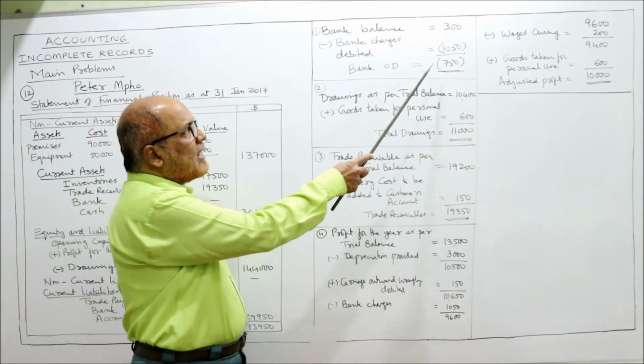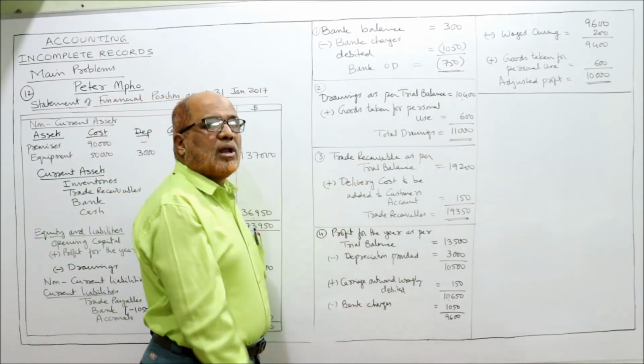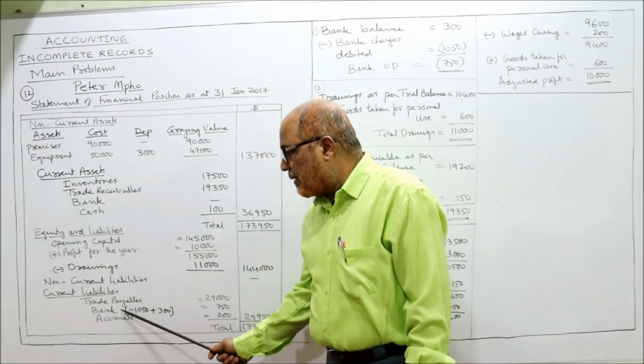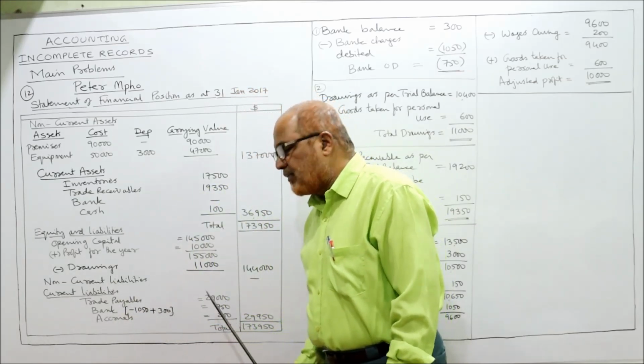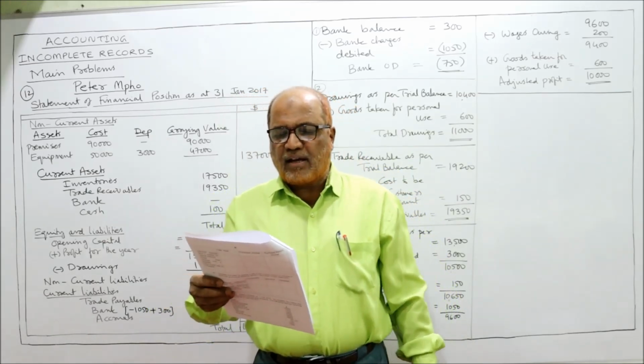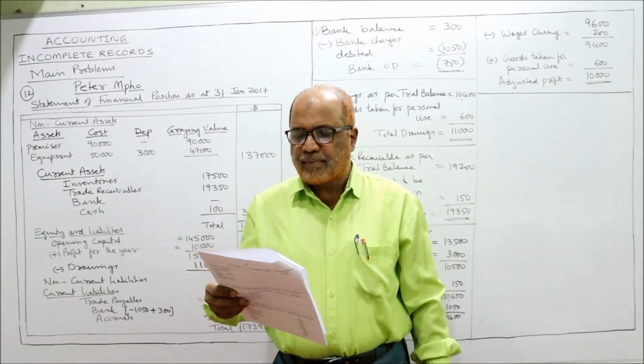So negative balance $750. This is bank overdraft. So this bank overdraft should be taken in current liability. Bank overdraft $750.